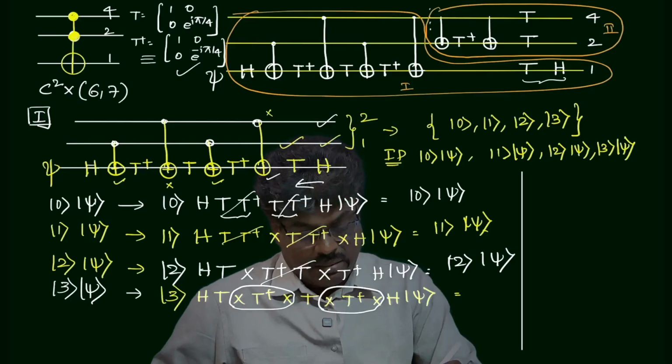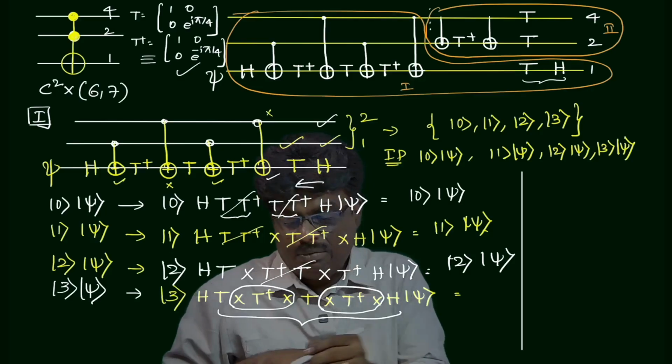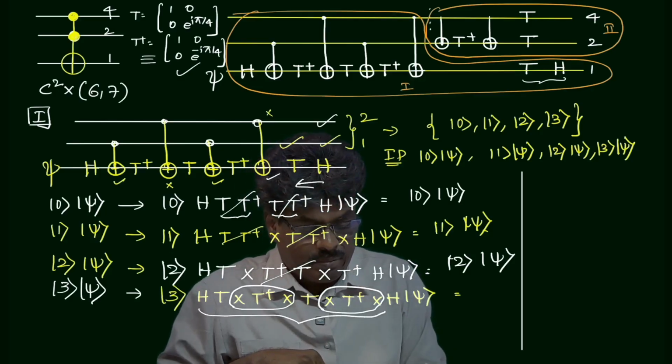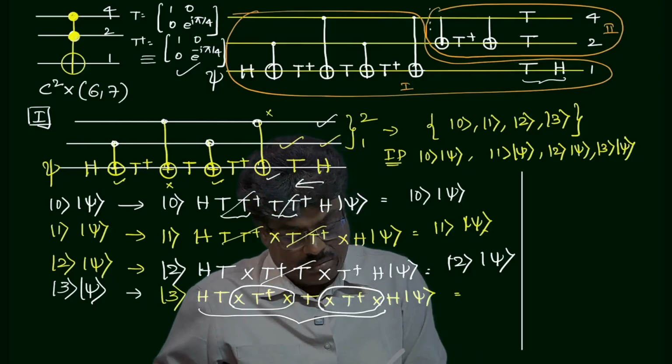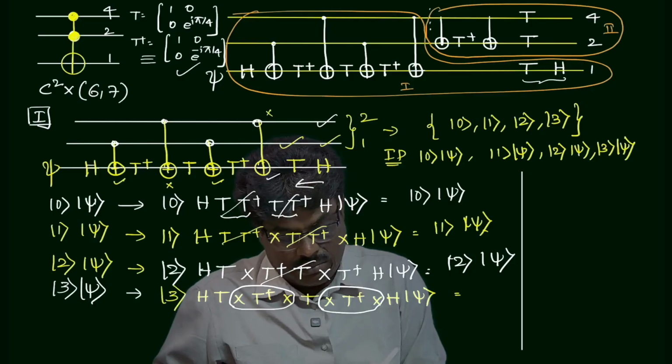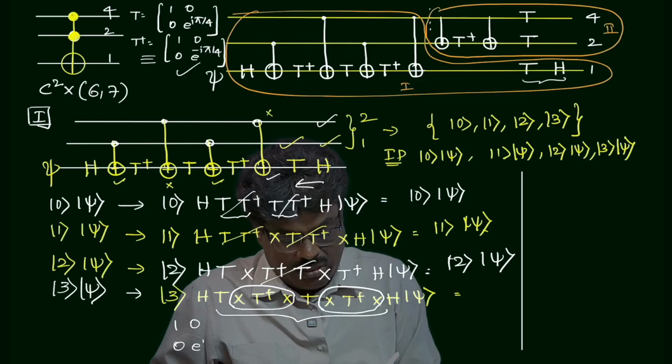So here H, okay, and I'm checking this only first. Leave that H. So here this is T, that is 1 0 0 e raised to i pi by 4.